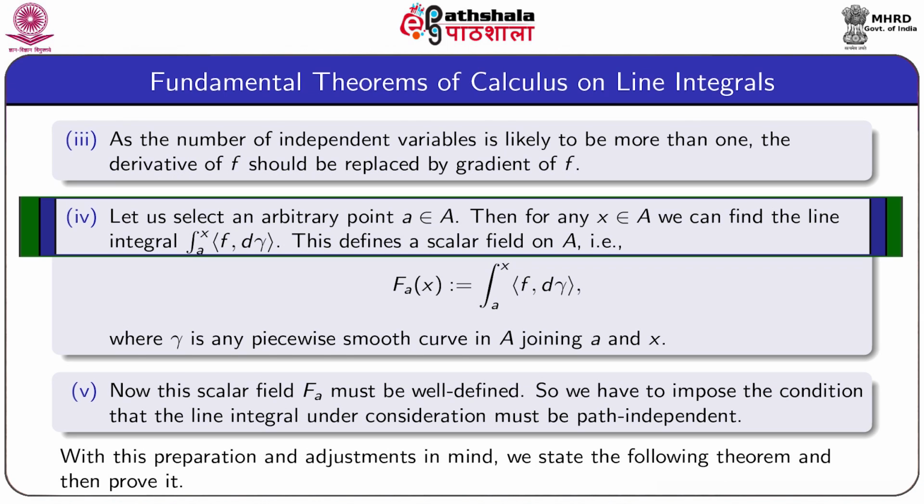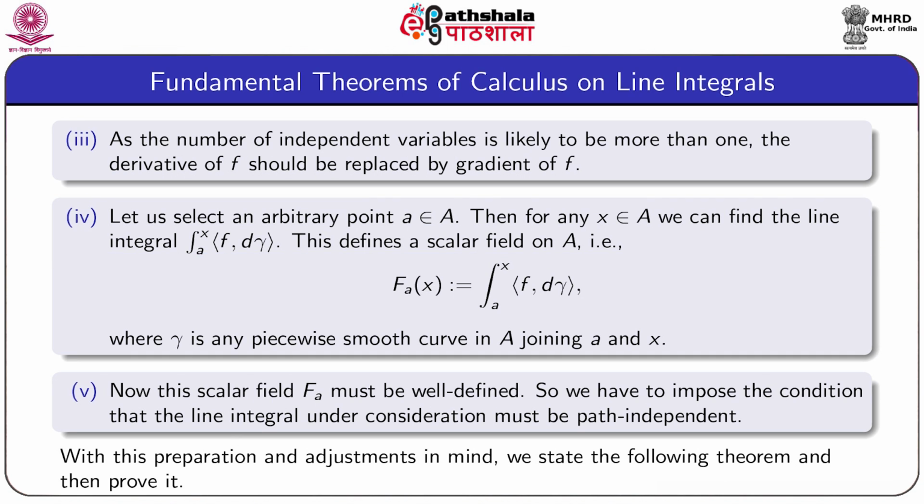Fourth, let us select an arbitrary point a in A. Then for any point x in A, we can find the line integral from a to x of f dγ. This defines a scalar field on the set capital A. As we have considered the point small a as the base point, we define F_a(x) equals the line integral from a to x of f dγ, where γ is any piecewise smooth curve in the set capital A joining a and x.